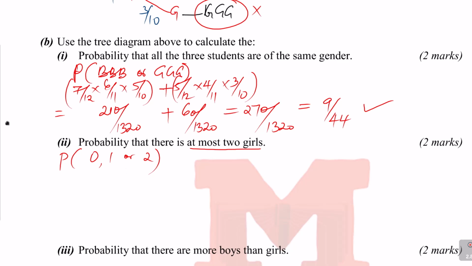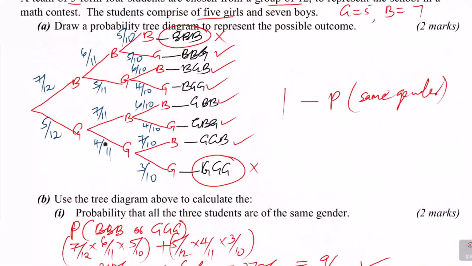So when you go to the diagram, simply I want you to check instances where you have either none of the girls, like here, the first one we require. That one we need because there's 0 girls. Here we have 1, we require that.